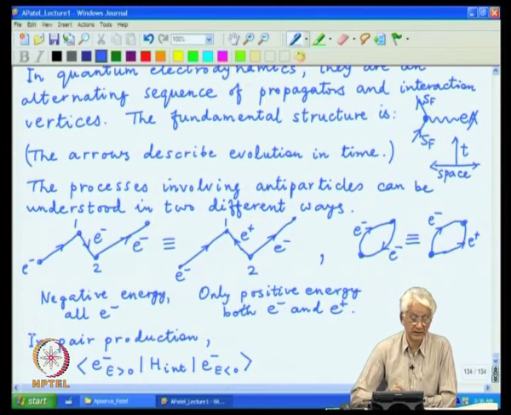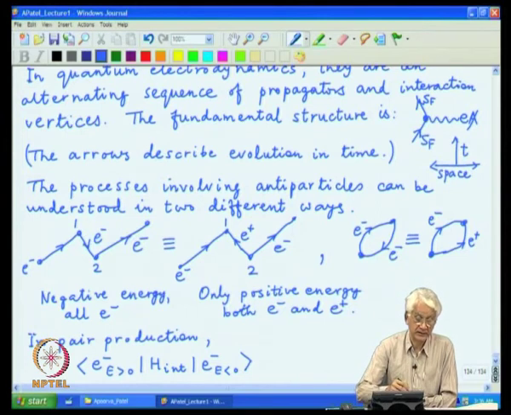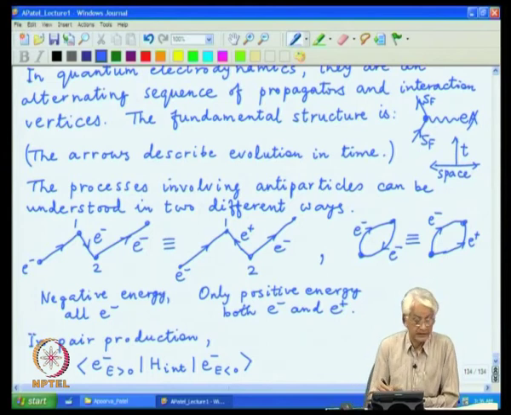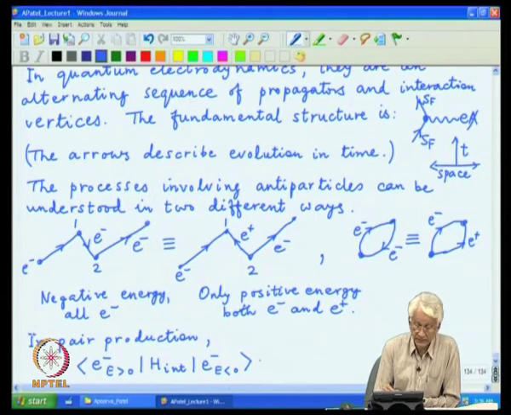In this picture, there is an initial electron with negative energy getting converted to a final electron with a positive energy due to some interaction. Now, one can plug in the plane wave factors in this description.